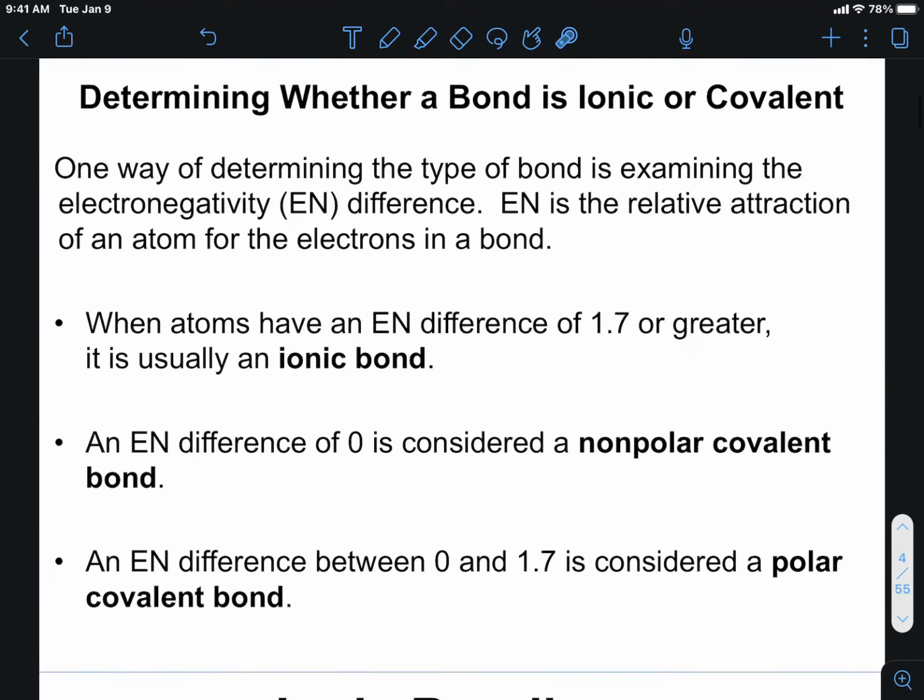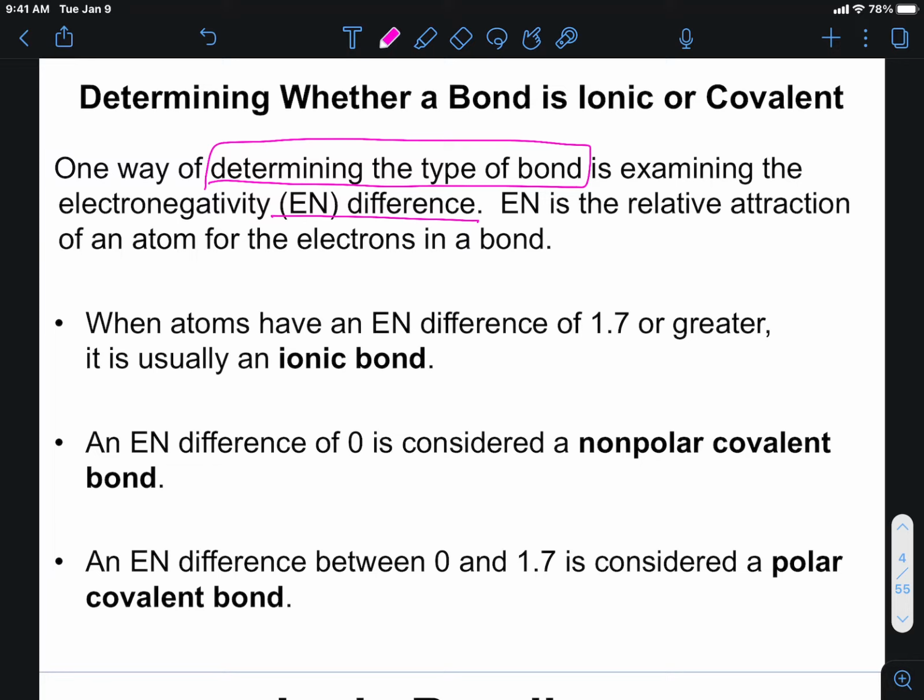So, what do we use that value for? Now that we know what electronegativity is, how is it useful? We're going to use electronegativity to determine the bond type. Whenever we look at elements that are bonded to each other, we are going to take the electronegativity difference, and that is going to tell us what kind of bond it is.